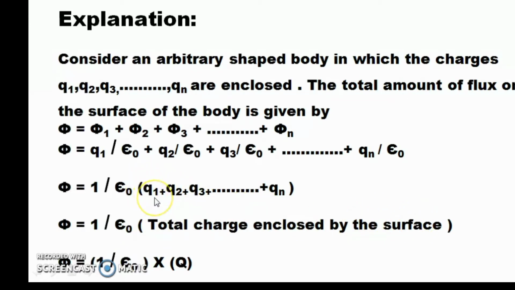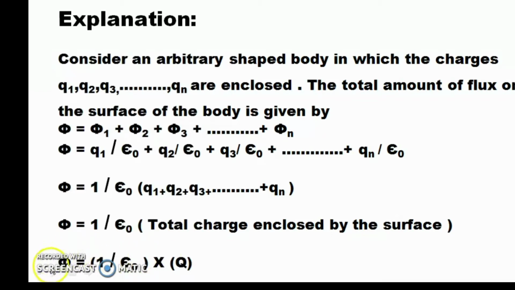Now this sum of the charges Q1 plus Q2 plus Q3 plus Qn is equal to capital Q. So the total flux is equal to 1 upon epsilon naught multiplied by the total charge enclosed by the closed arbitrary shape object.